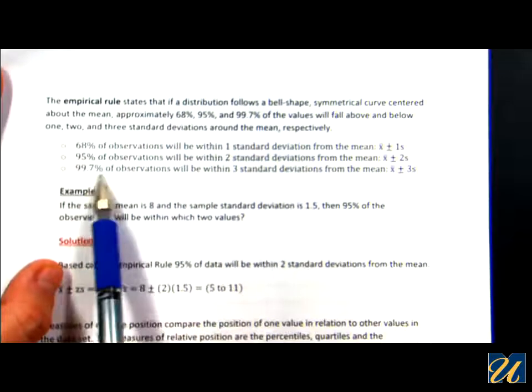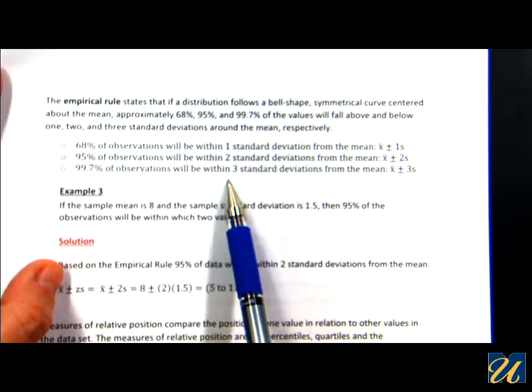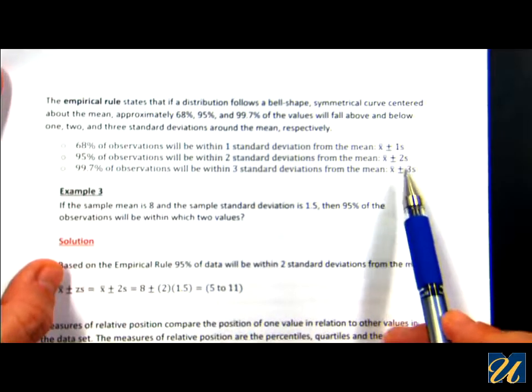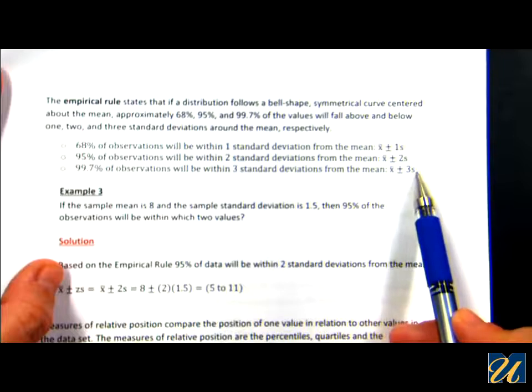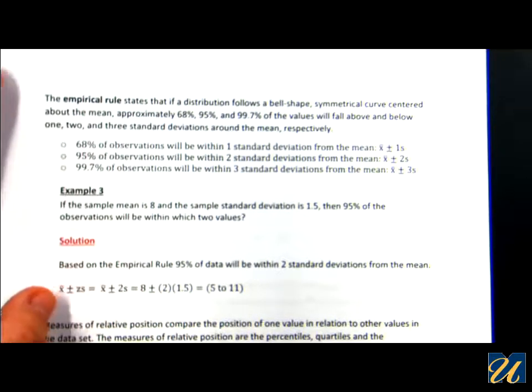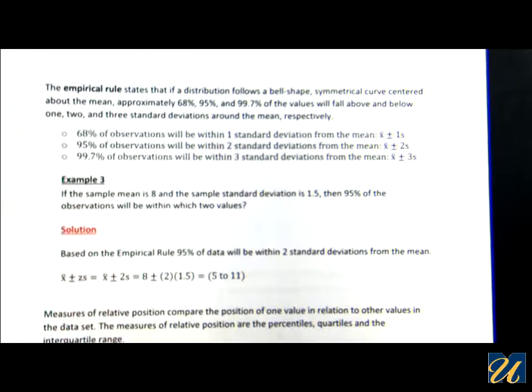And if you want to find almost all the observations between which 2 values they will be, all you do is add and then subtract 3 standard deviations from your average. So basically, if you have the average and the standard deviation, you can find the 2 values that you will have this specific percentage between the 2 values.